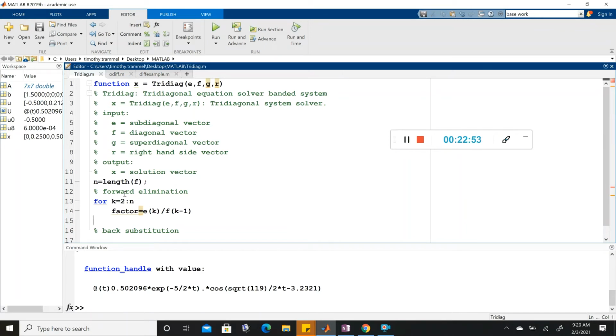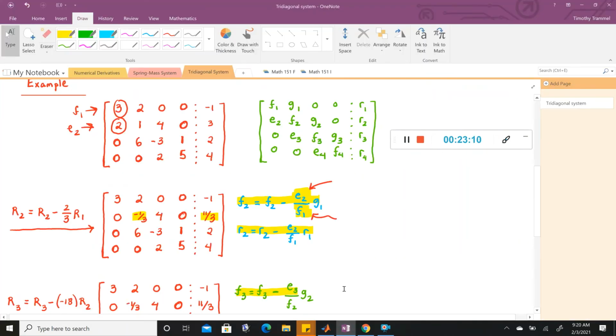But this should cause a little bit of confusion, because we probably all thought E should have fewer elements than F. So that would mess with our indexing a little bit. What we're going to do, let me go over here, is force E, F, and G to have the same number of elements. And this is how we'll do it.